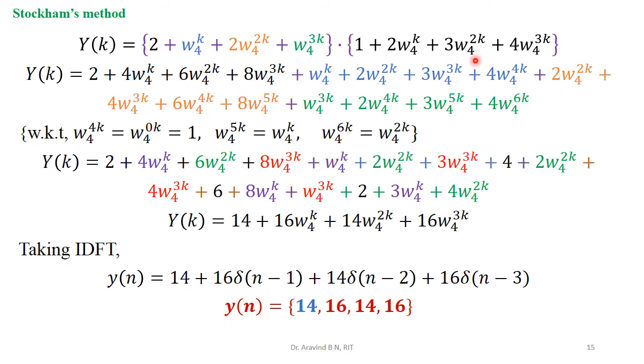Now perform the multiplication. 2 into 1, then 2 into 2 omega 4 power k, then 2 into 3 omega 4 power 2k, then 2 into 4 omega 4 power 3k. So we get 2, plus 2 into 2 omega 4 power k is 4 omega 4 power k, continuing with 6 omega 4 power 2k, and 8 omega 4 power 3k.